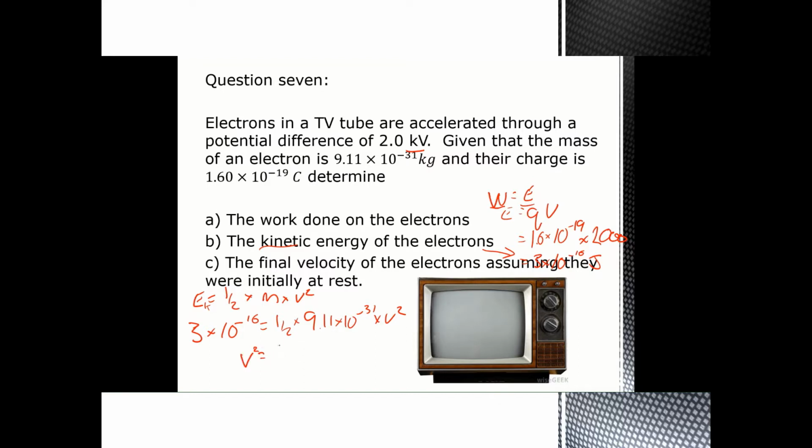So V squared is equal to 6.59 times 10 to the 14 meters per second. V is equal to 2.57 times 10 to the power of 7 meters a second. Now, that is nearly 10% the speed of light.